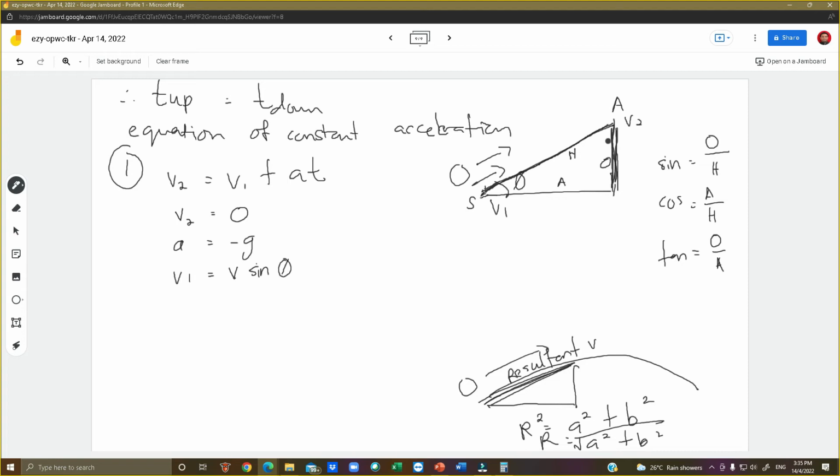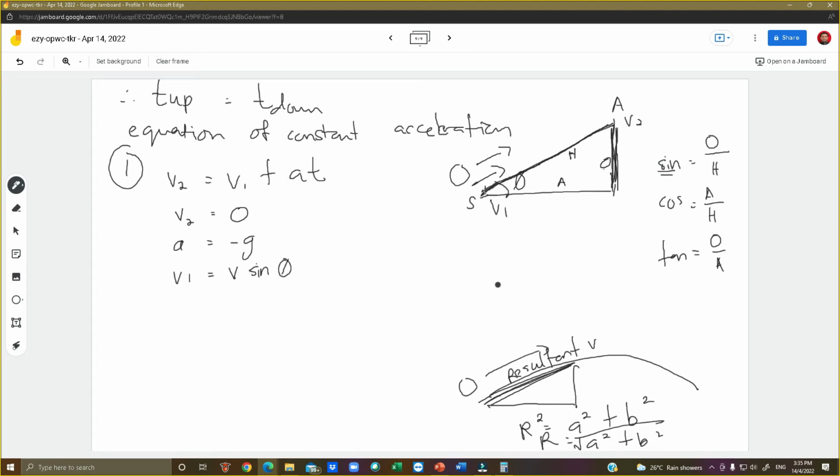Why? Because we try to find out the first phase of projection, which is from the base to the peak. Jadi, bila kita nak tengok benda tu sampai ke atas, benda yang terlibat will be berapa jauh dia boleh pergi, berapa jauh ke depan and berapa jauh ke atas. So, that is O and H. That is the reason kita pakai sin. So, jadilah dia V kali dengan sin theta.